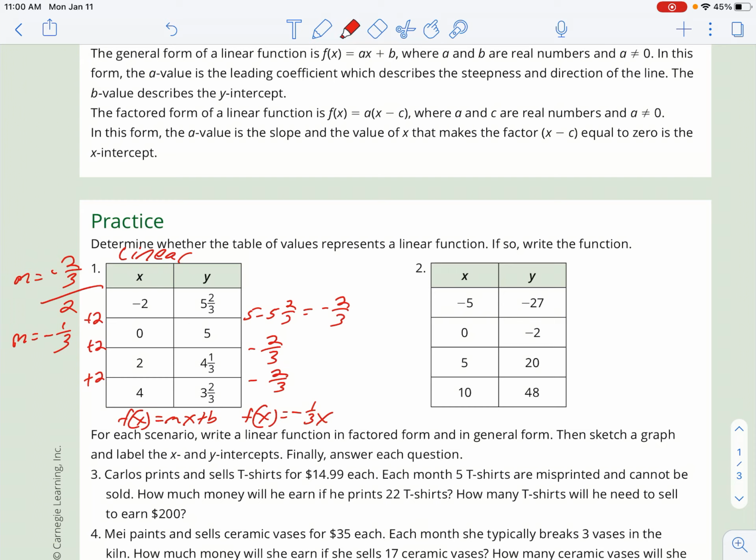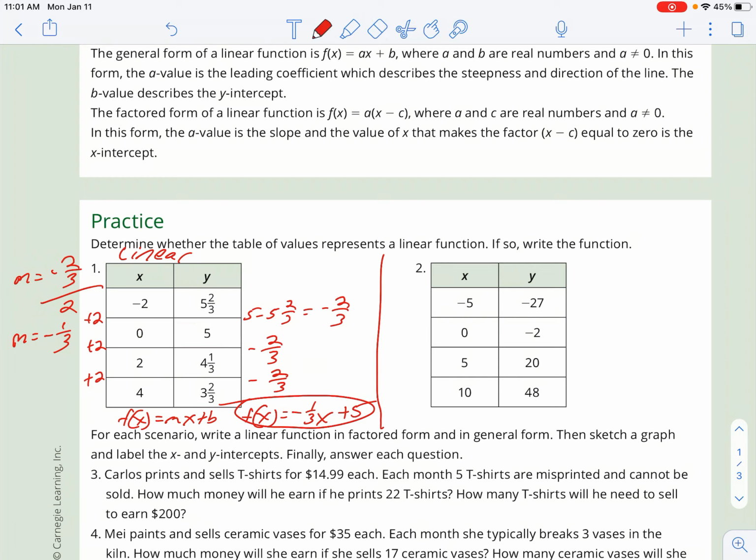Remember, the y-intercept occurs when x is 0. When I look at my x values, I'm looking for x to be 0. And luckily on this one, I do have x as 0, the point (0, 5). So on this one, they gave us the y-intercept at 5. So there is my equation for that.